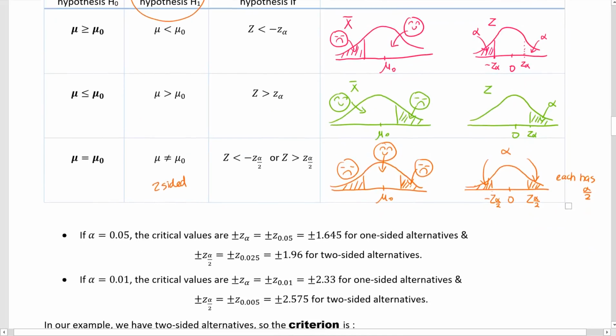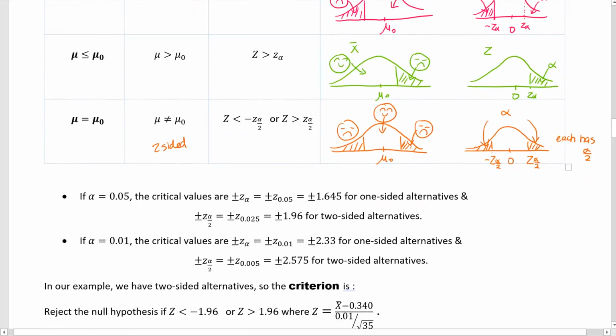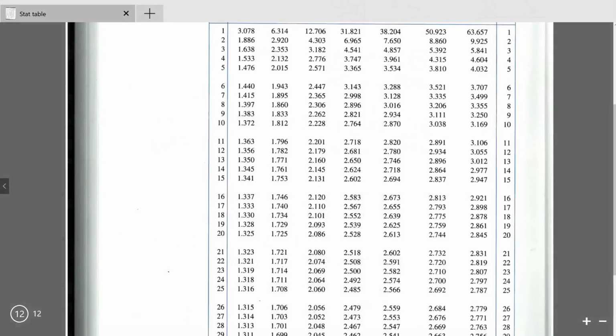All right, so in our example, alpha is 0.05. Then the critical values are plus or minus z alpha. So z 0.05. Last session, we talked about that. For z 0.05, we can look at our t table.